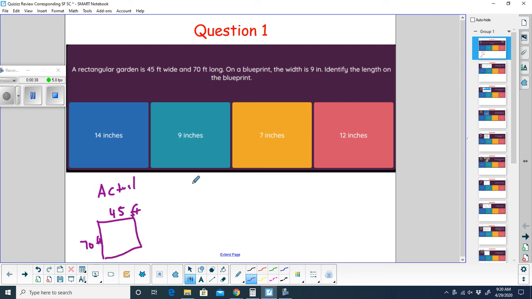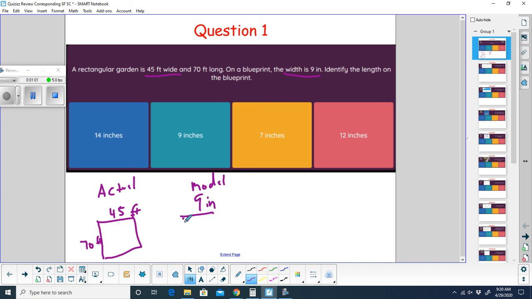And we have the model. The width is 9 inches, 45 feet wide, so it is 9 inches wide because that corresponds with the 45 feet.